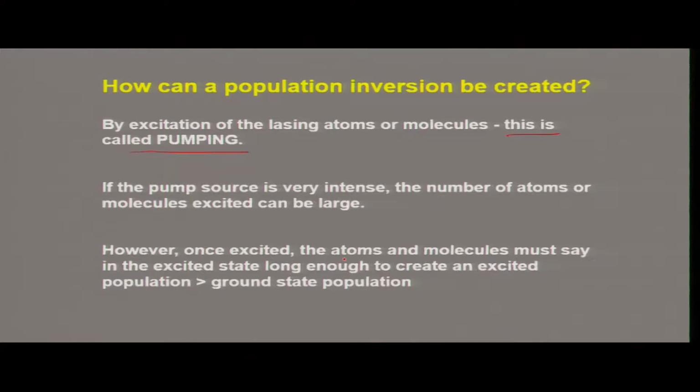However, once excited, the atoms and molecules must stay in the excited state long enough to create an excited population which is greater than the ground state population. So, essentially we are looking at an equation of motion here in some sense. You are creating some population in the excited state and that has to stay there for a certain time, so that an inversion process can happen. That is what we are asking.